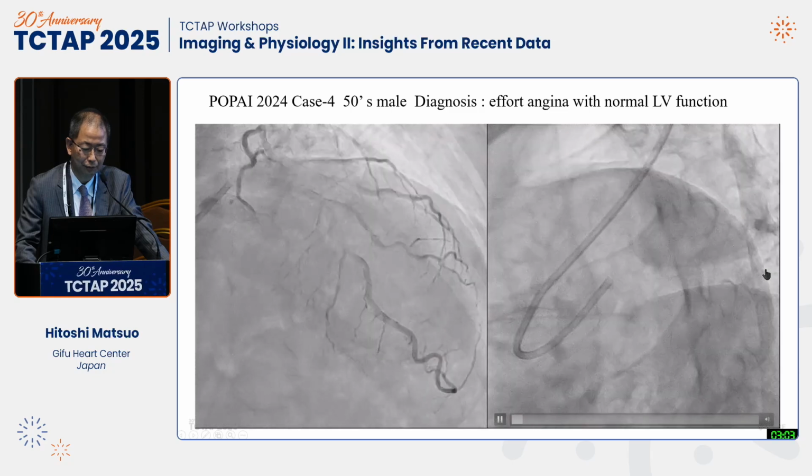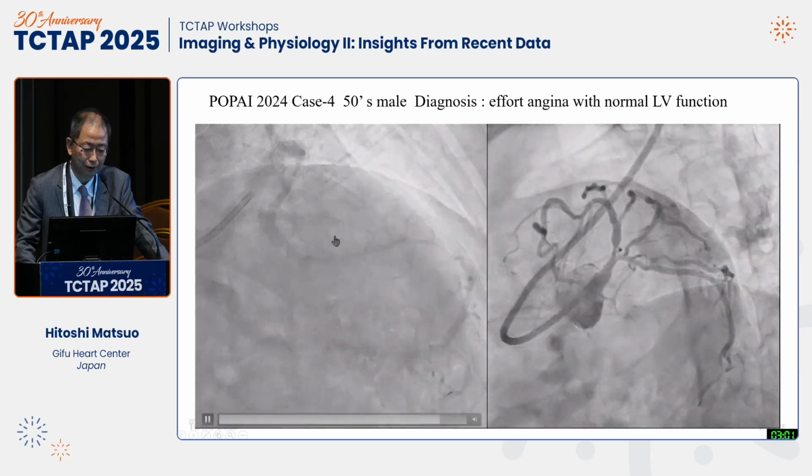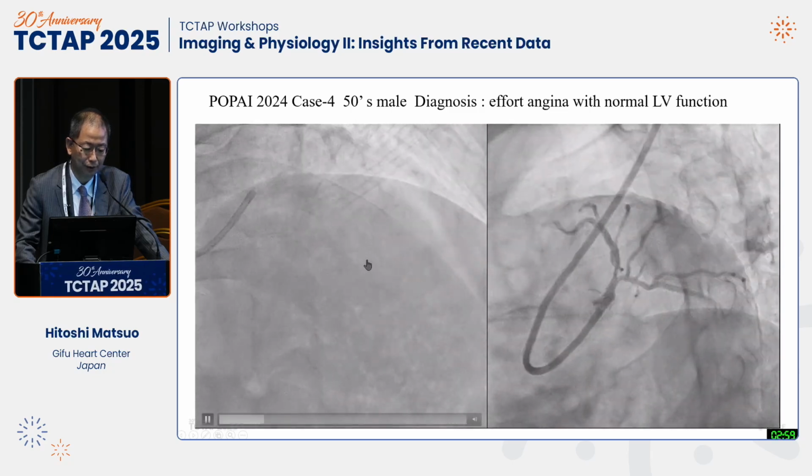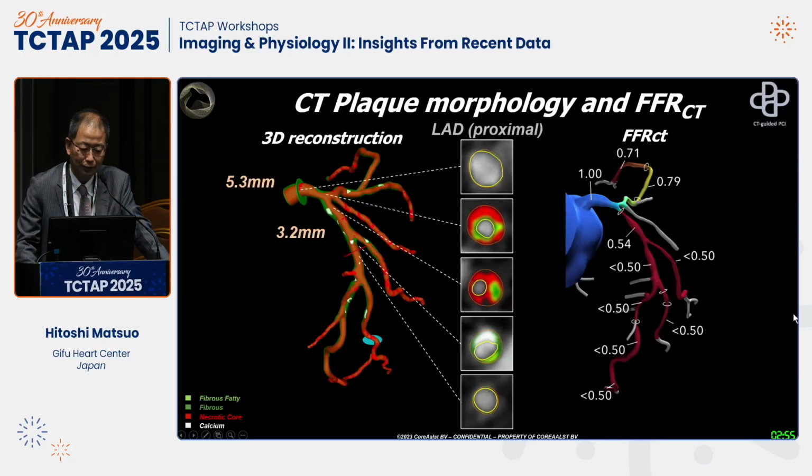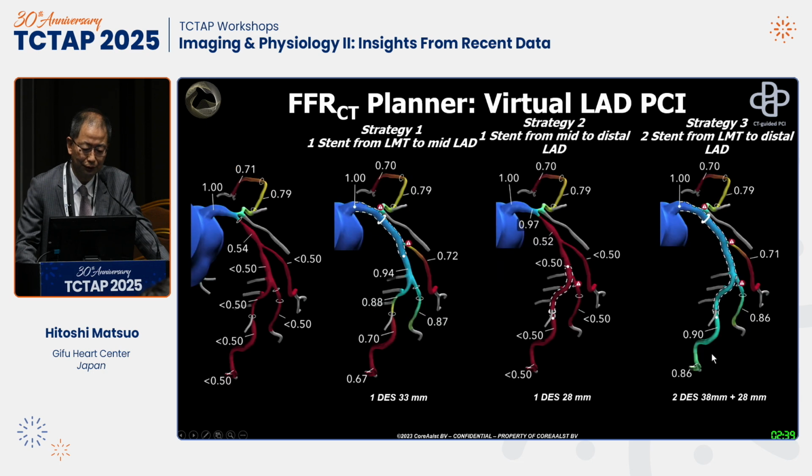This is a tandem lesion, stable angina. The CT angiography shows very beautiful pictures, with plaque distribution as well as physiological information. You can see the pressure gradient is very high as shown here.